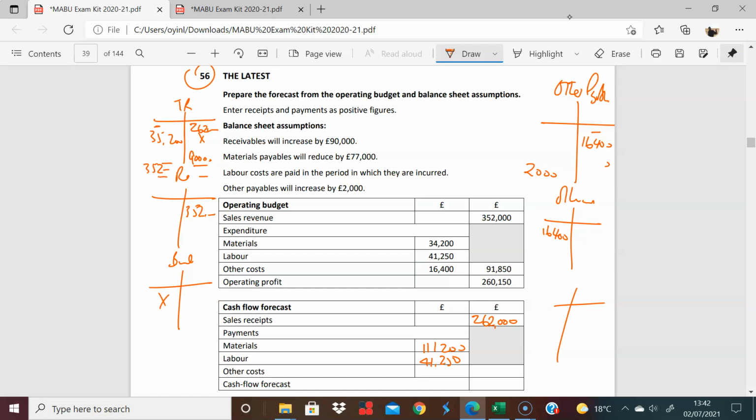You've paid all of it but 2,000, which is why your other payables are increasing by 2,000. So 16,400 minus 2,000 brings us to 14,400. So this is what you've paid out of the bank, because that's what we're trying to assess here. What's leaving the bank?